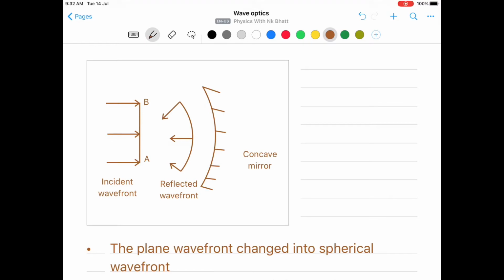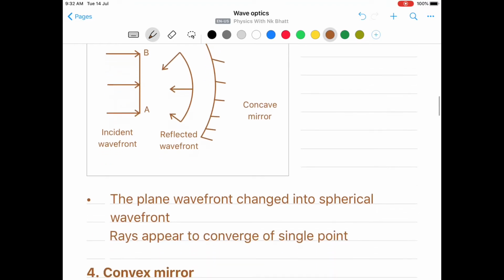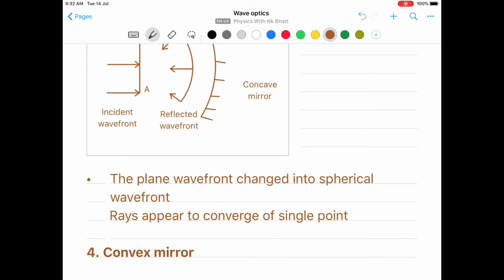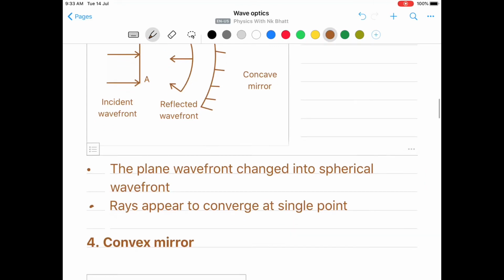After getting reflected from this concave mirror, the shape of wavefront has changed into the spherical form, and the rays, you can see, if you produce them forward, they will meet at a single point and they are converging at a single point. So the two outcomes here: the plane wavefront changed into spherical wavefront, and the rays appear to converge at a single point.